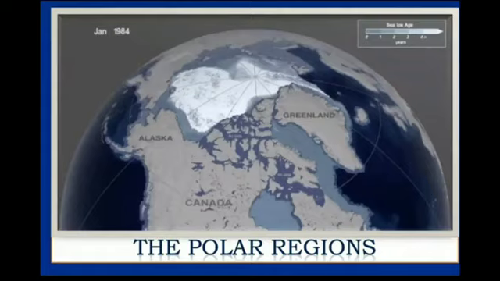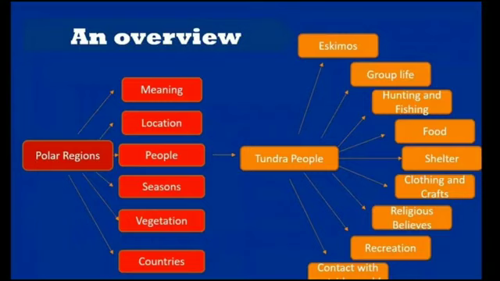The region which lies near the poles is called the polar region. In this session, we read about the polar region's location, the people, the seasons, the vegetation, and the countries, and we discuss the tundra people.